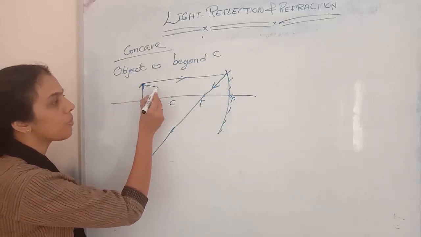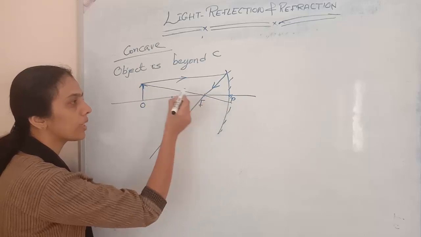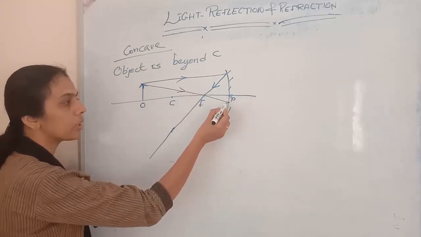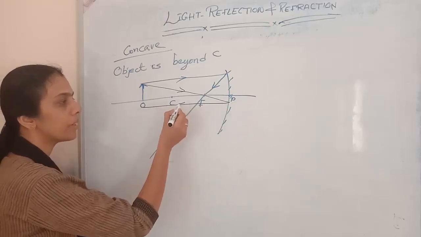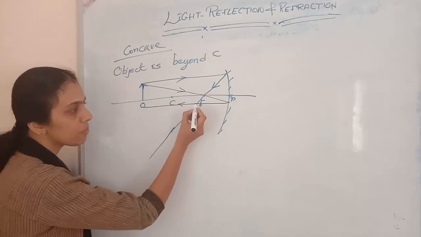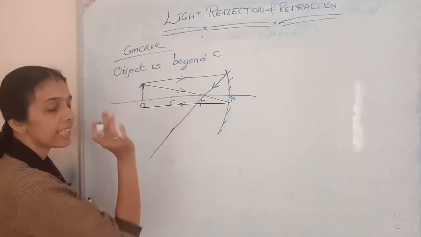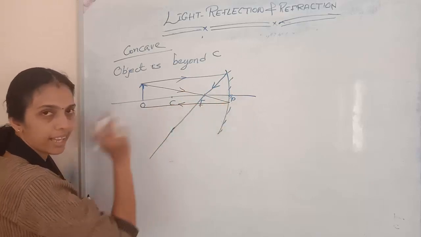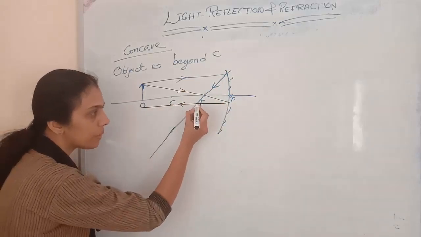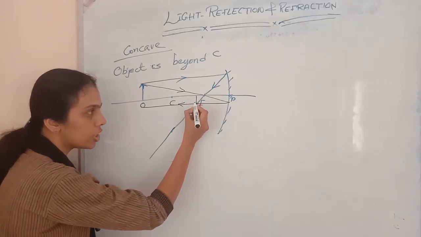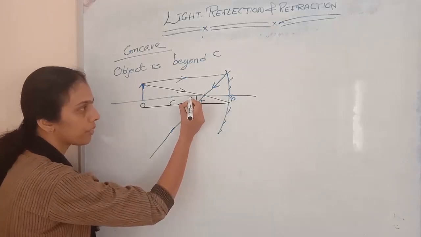The ray passing through the principal focus, incident here, after reflection will go parallel to the principal axis. So these two reflected rays, where they meet, this is the reflected ray and this is another reflected ray. So it is meeting at this point, right? So this will be the position of image.